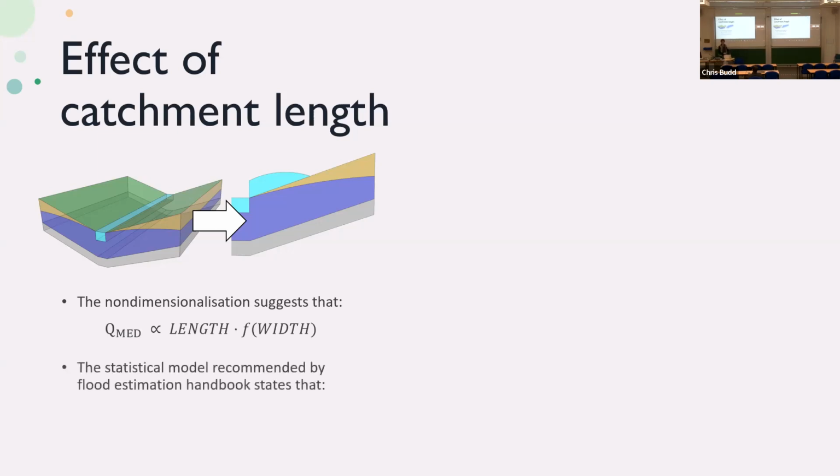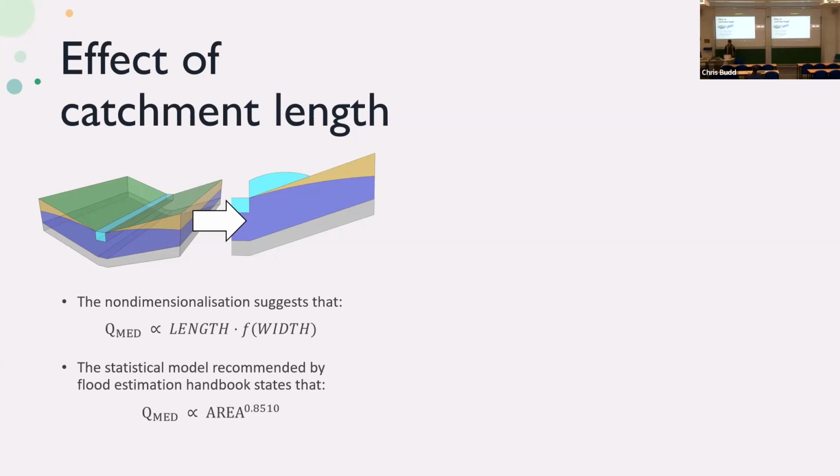However, the statistical models that are currently being used suggest that they are taking the area of the catchment as the independent parameter from which we try to deduce what will be the peak flow observed after the rainfall. However, the effect of the length and the width, according to our physical model, may be completely different, and we cannot just group them into a single parameter called area.